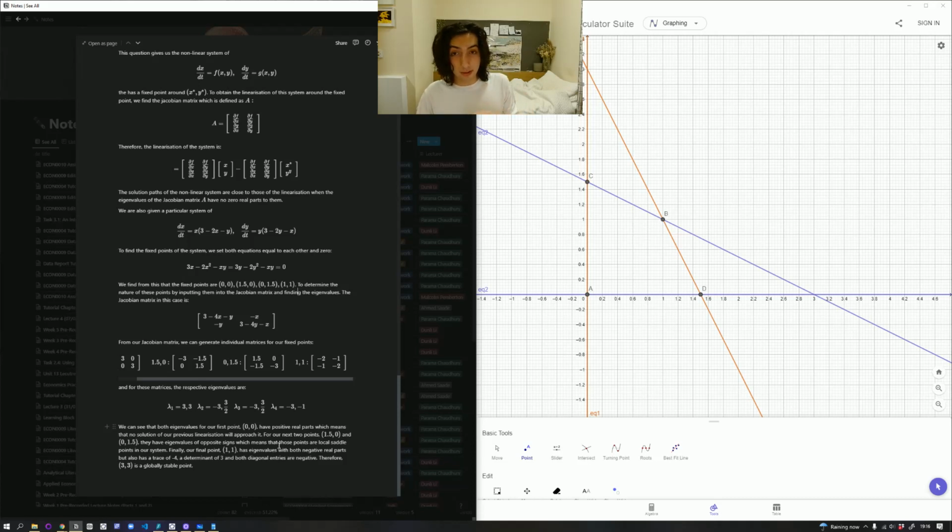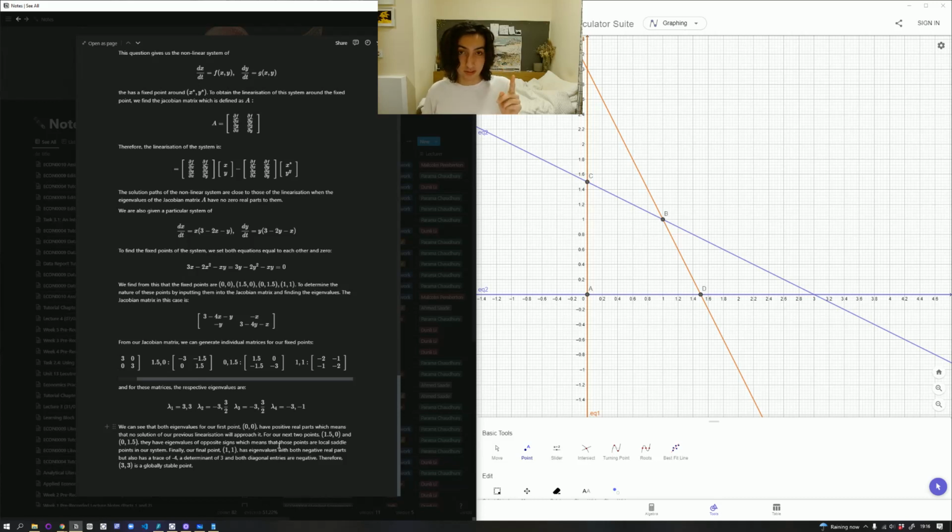Now, for the final one, they both are negative. If it was just negative, then we would just call it a local stable point. But actually this is globally stable. If you look at what's globally stable, it'll be on pages 645 and 646. There are two conditions that have to be met out of a possible three.